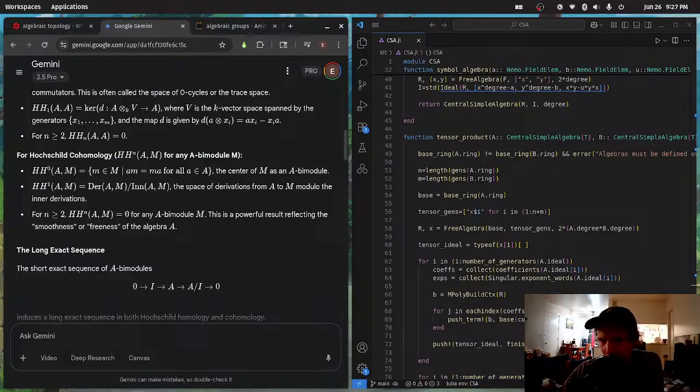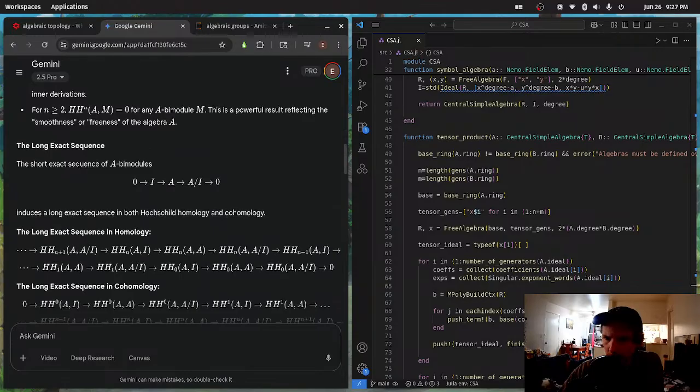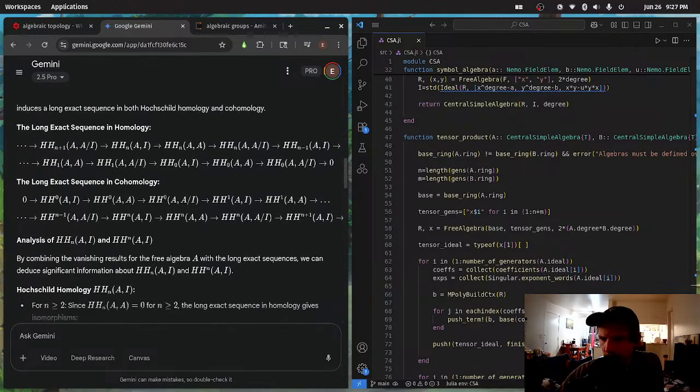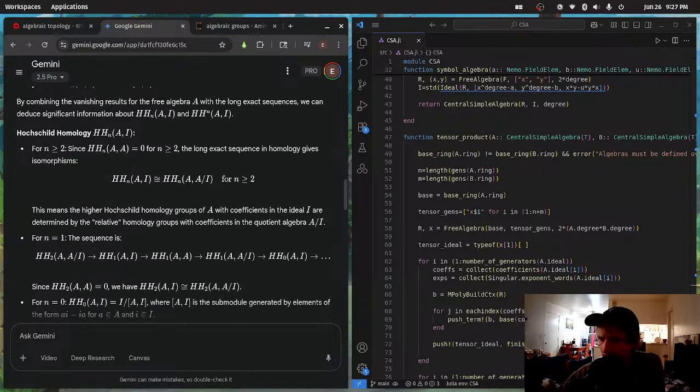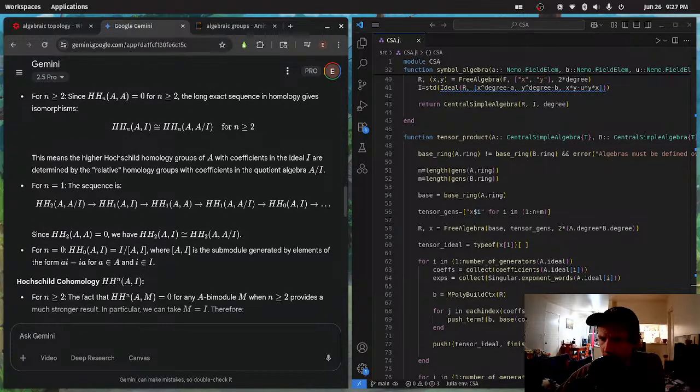So let's look at this. We've got some long exact sequence, and this one's always 0. So basically HH_n of (A, I) is the same as HH_n of (A, A mod I). For n equals 1, we've got some sequence HH2, HH1, HH1, HH1, HH0.